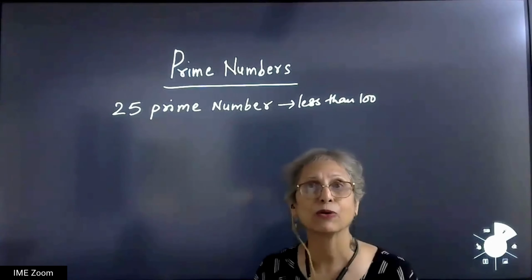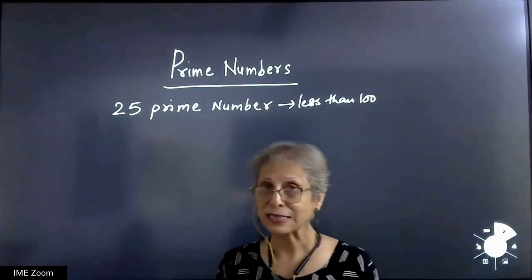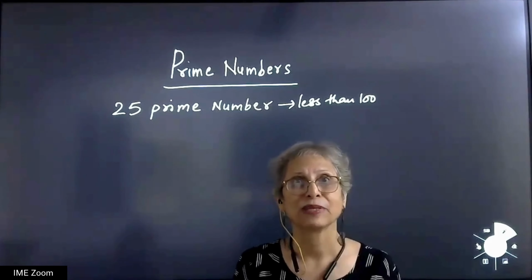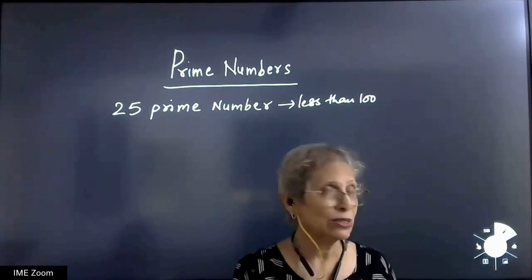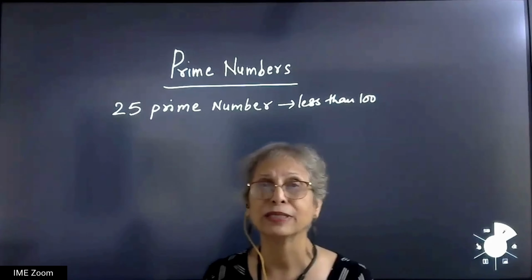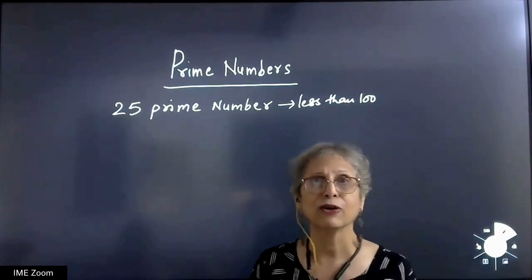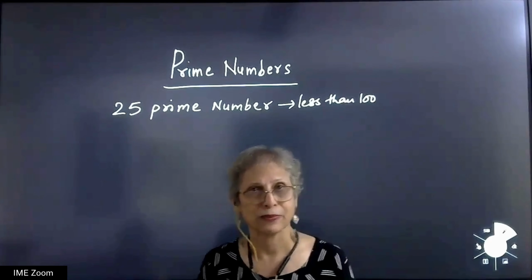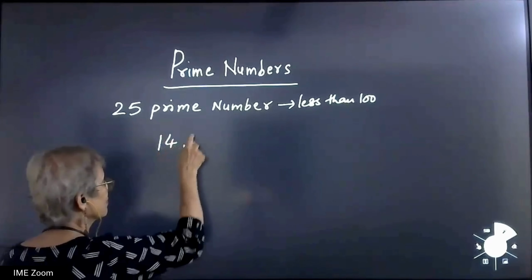Then comes co-prime numbers. What are co-prime numbers? It is not necessary that they are prime. Any two consecutive numbers are co-prime numbers because they do not have any common divisor, common factor. Two numbers which do not have any common factor are called co-prime. You can consider 14, 15.